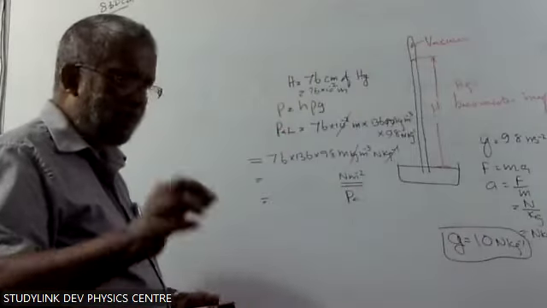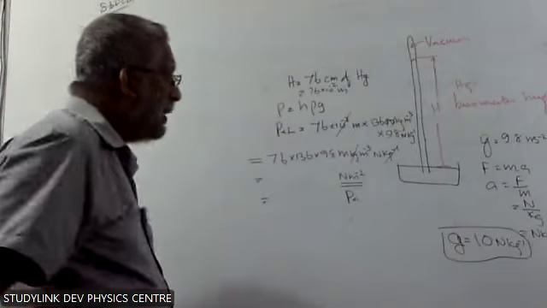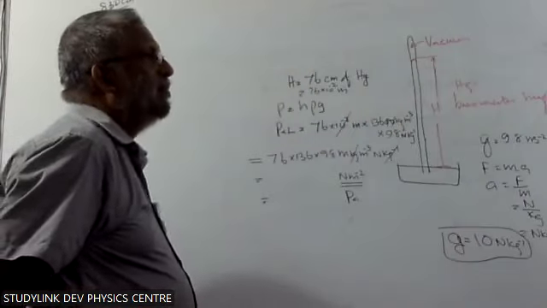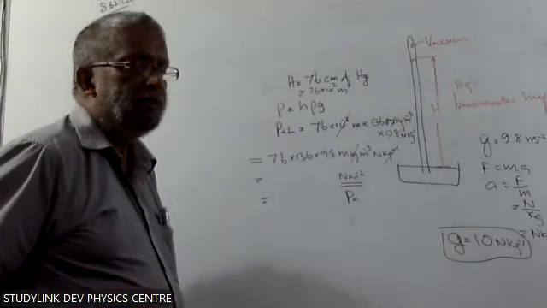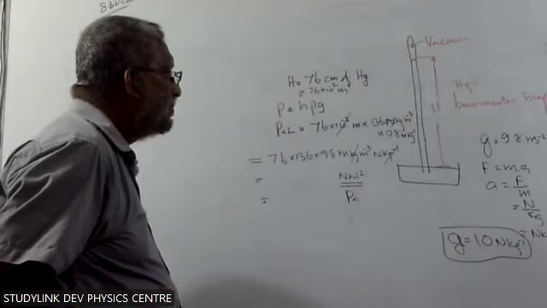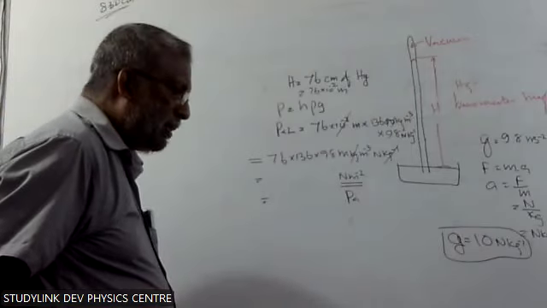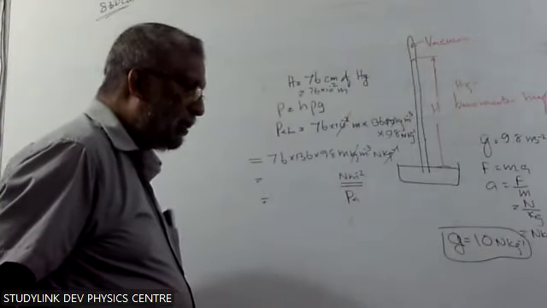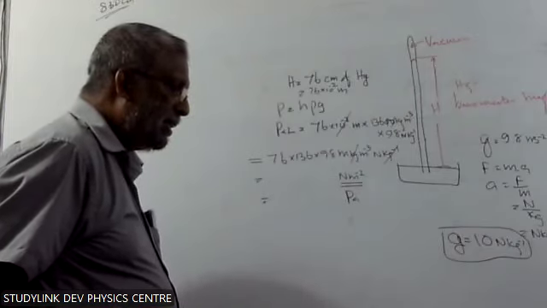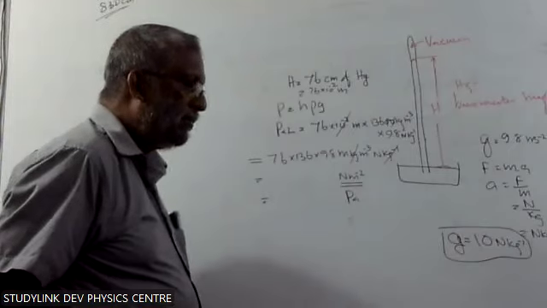Then just make a note. Atmospheric pressure is sometimes given as the pressure of a liquid. Example: atmospheric pressure is equal to 76 centimeters of mercury.